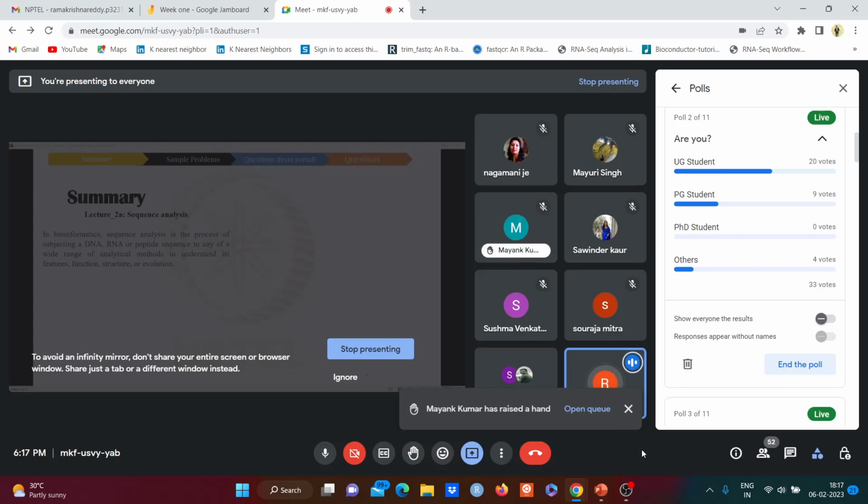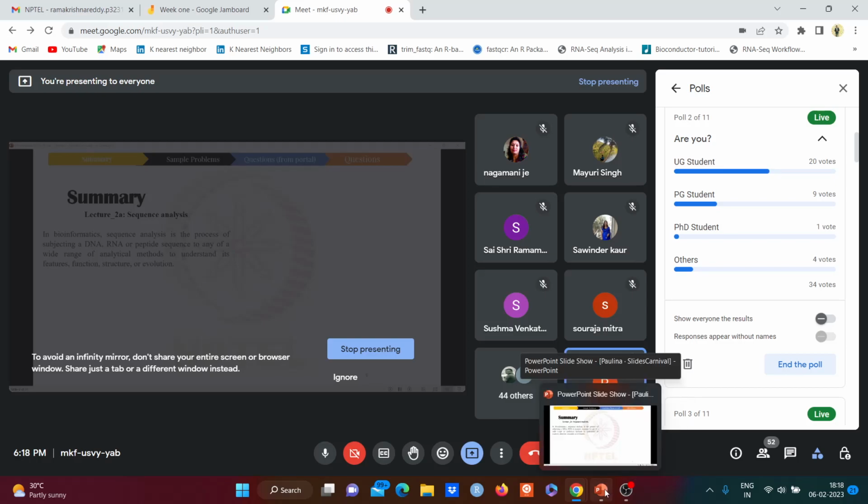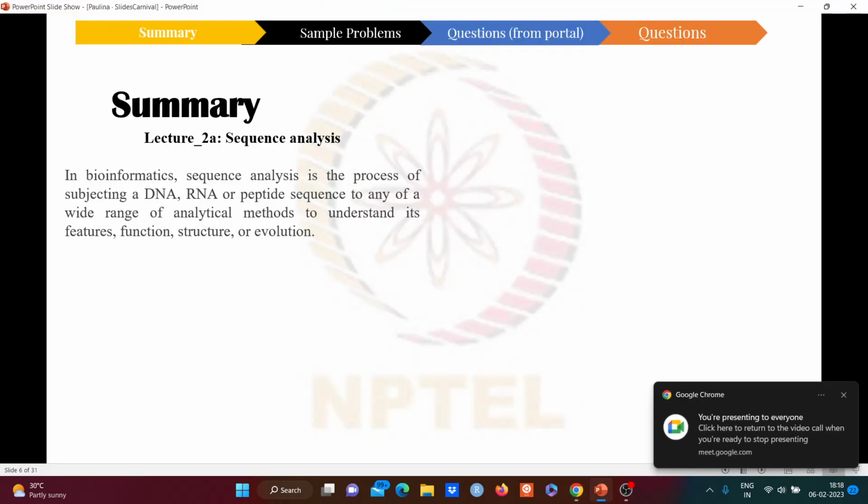Okay, I see Mayank raised hand. So I asked them, I want people who are not from the bio background or who don't have any biological foundation, who cannot understand the biology terms, to raise their hands. Okay, I expect no one. Okay, I'll continue with the sequence analysis now.